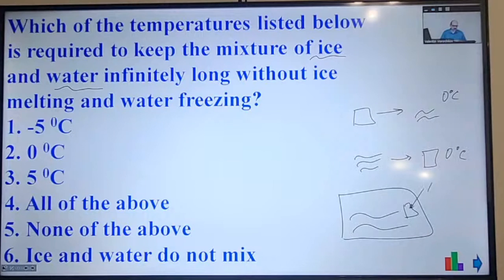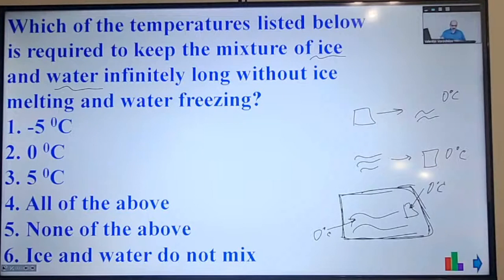Ice is at 0 degrees Celsius, water is at 0 degrees Celsius. In this case, there is no reason anymore for any heat exchange. So if the system is in a good thermally insulated container, nothing is going to melt, nothing is going to freeze.